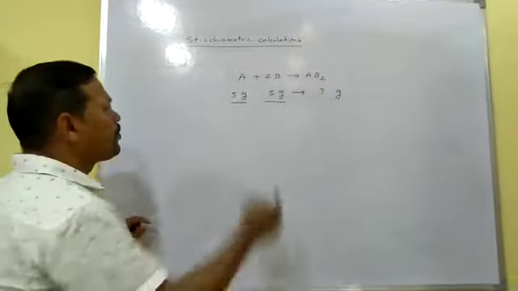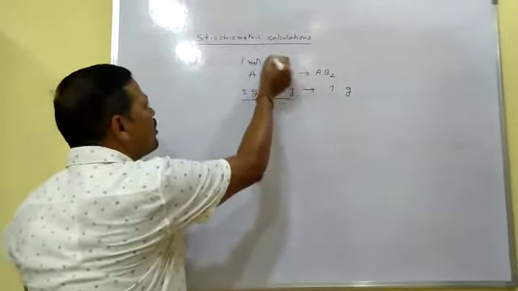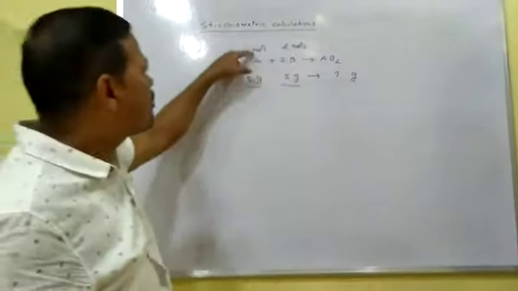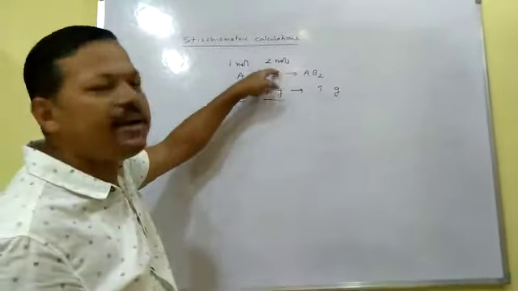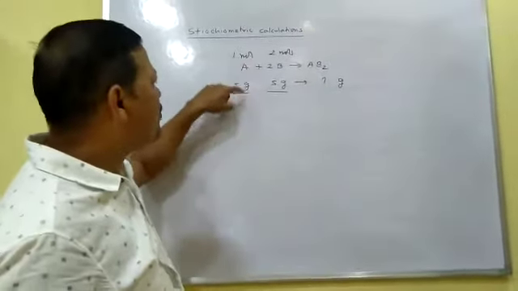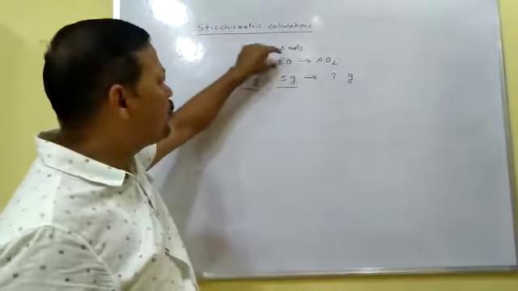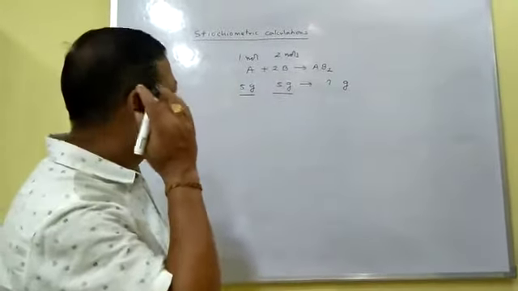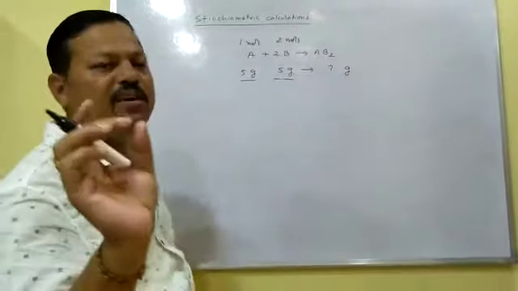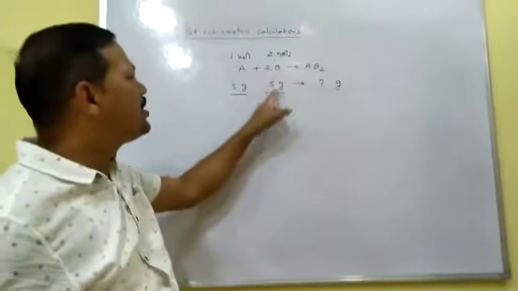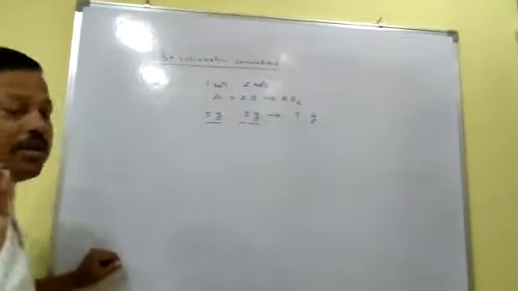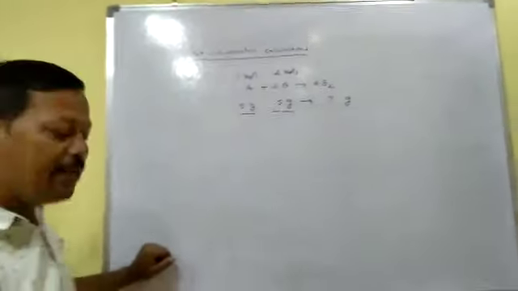As you know, this is 1 mole, this is 2 moles. If A is 5 gram, B should be 10 gram because the ratio is 1:2. But here it requires 10, given how much? 5. So it is given in less amount. That's why B is the limiting reactant. Like this, you have to find the limiting reactant.